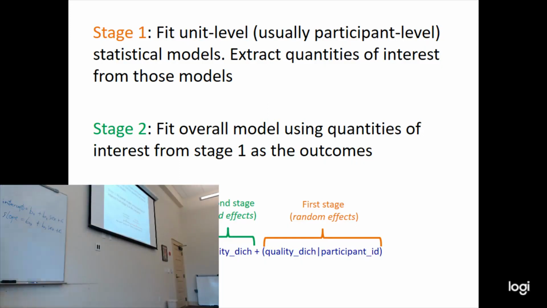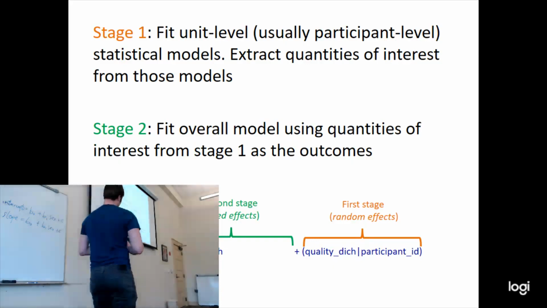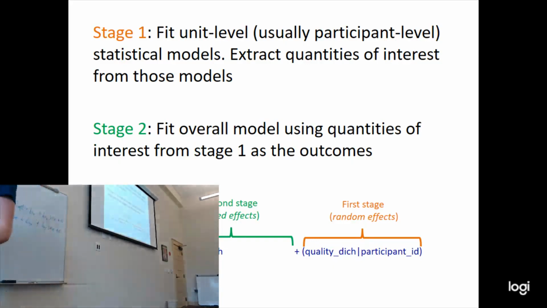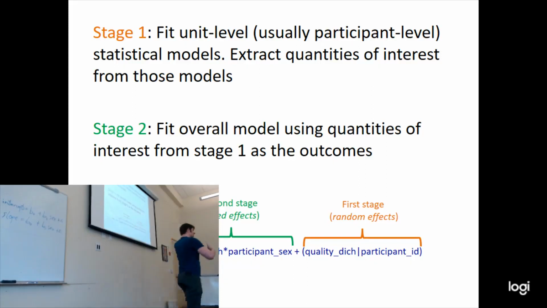So the way I modify this formula is I add an extra term for participant sex. And I'm adding a star that says I want both the effect of sex, the difference between males and females, and I want the interaction between sex and volume. That's what I showed you on that previous graph.